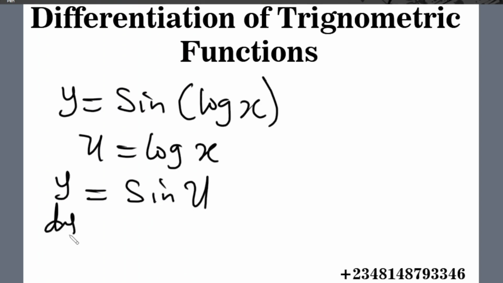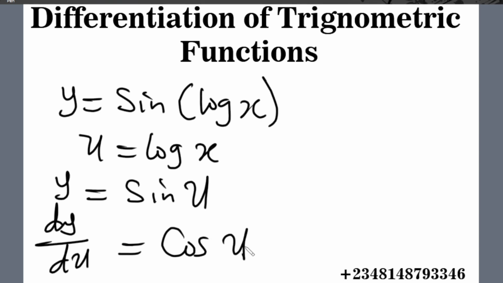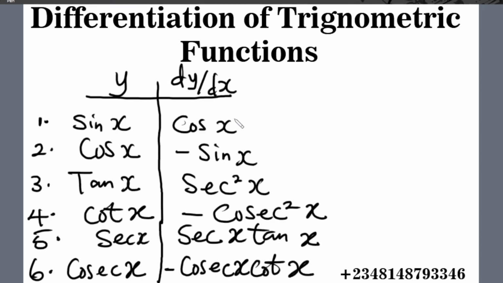Now, dy over du equals, if you differentiate sine u with respect to u, cos u. From the table, if you differentiate sine x with respect to x, it gives cos x. Therefore, if you differentiate sine u with respect to u, it gives cos u.